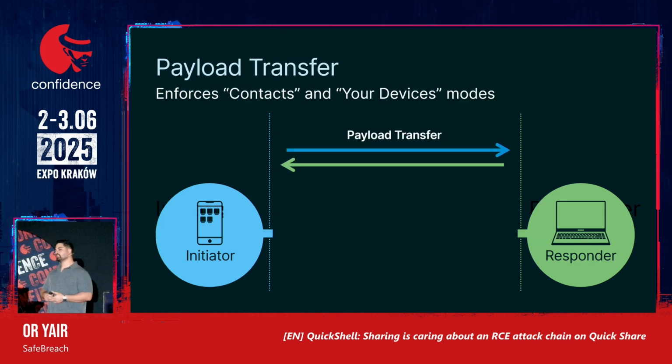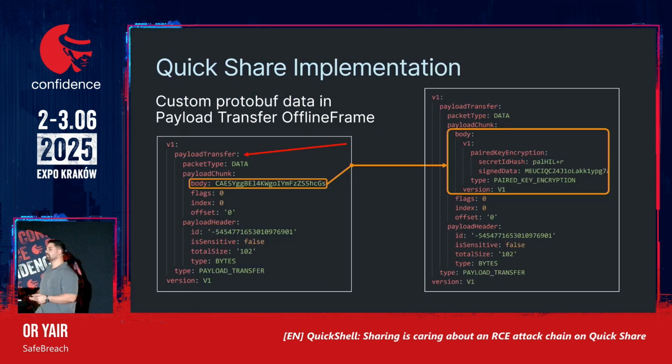After the connection has been established, what we saw is that both devices exchange a payload transfer packet. We didn't quite understand the contents of this payload transfer packet, but looking deeper inside, using another protobuf file, we understood that there was another protobuf structure hidden inside that was called paired key encryption.